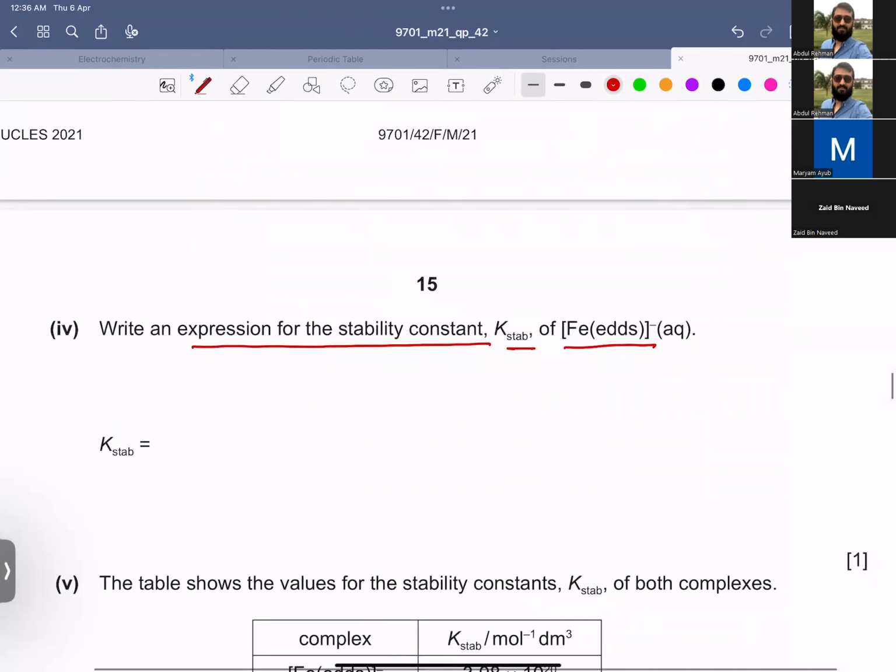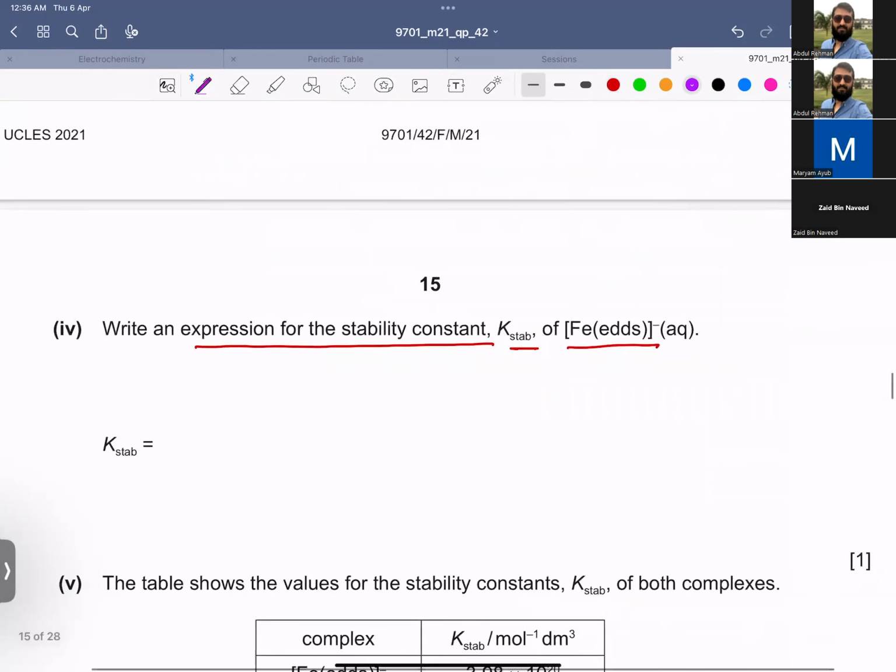If I write the equation, initially I have a hexaaqua iron 3 positive complex, and we added EDDS4 negative ligand.